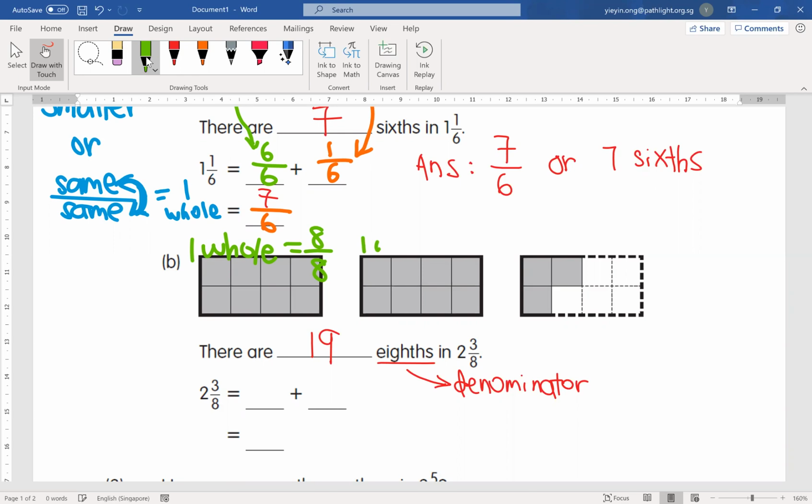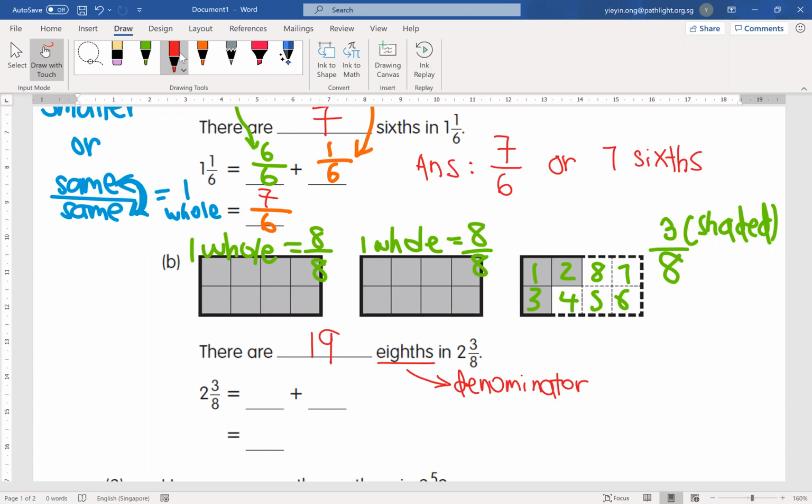Same thing for this, one whole is 8 out of 8. And then these 3 squares shaded is only 3 shaded out of what is the total? So 3 shaded, and total is 4, 5, 6, 7, 8. So 3 out of 8.